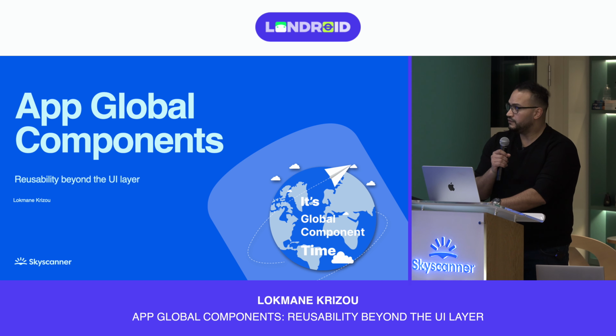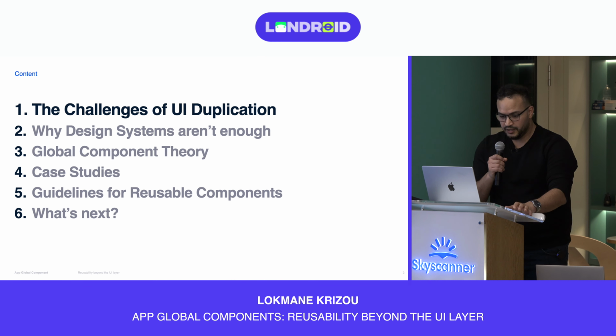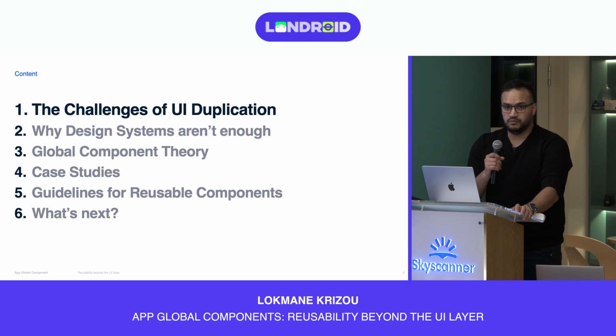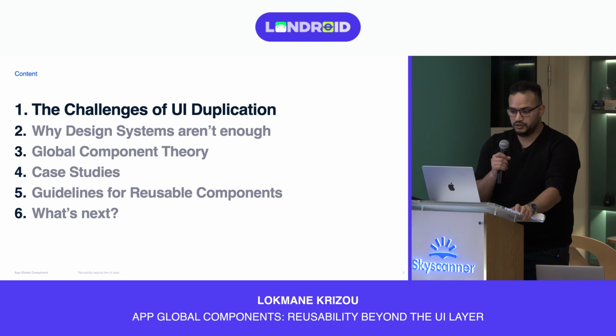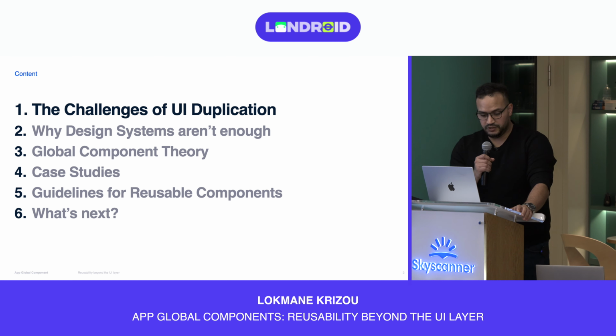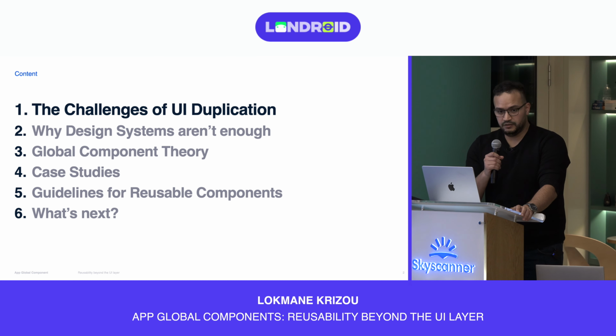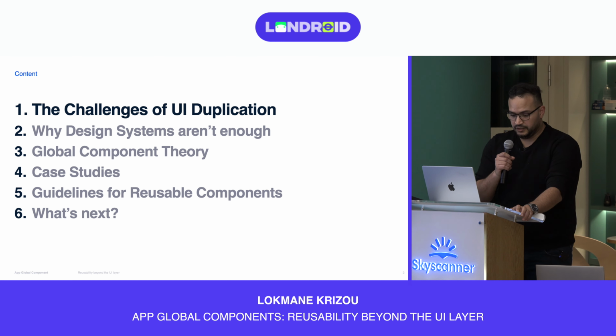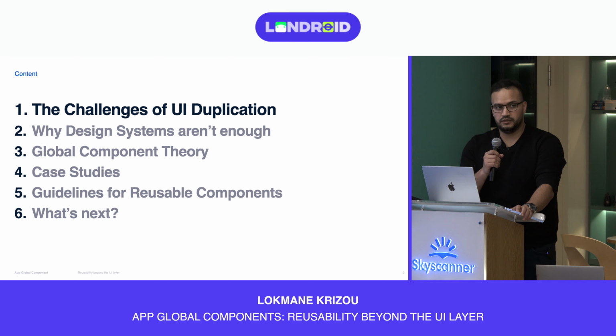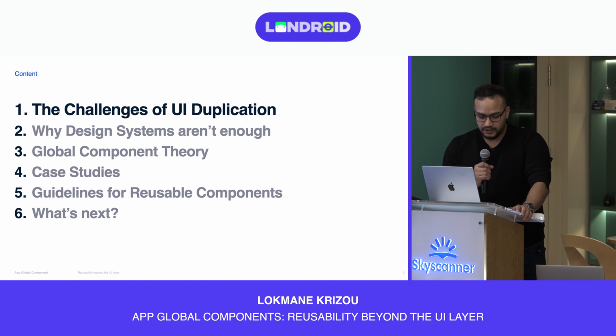So without further ado, let's jump to our agenda. We will begin by discussing the challenges of UI duplication and how we can prevent that. Then we will see why design systems are not enough for some cases. After that, we will discuss the global component theory and see some case studies that we had at Skyscanner.